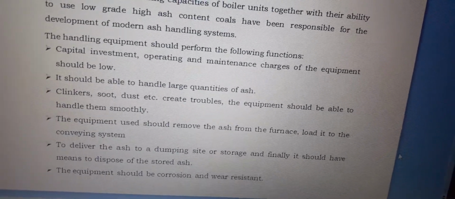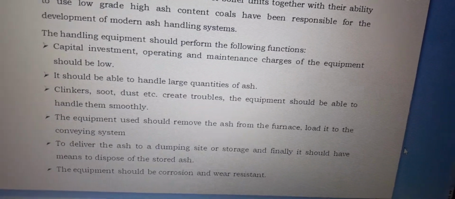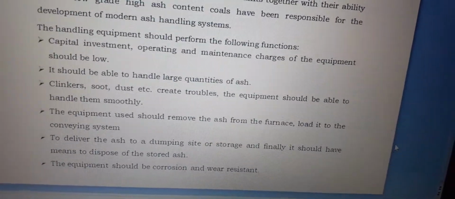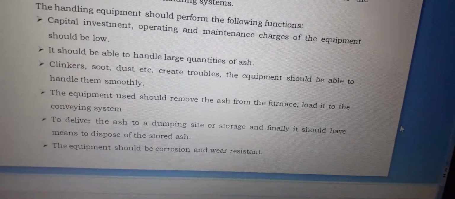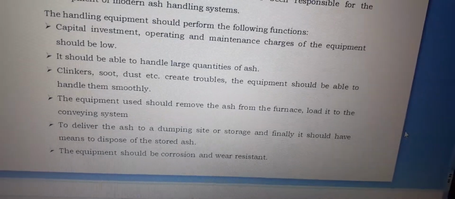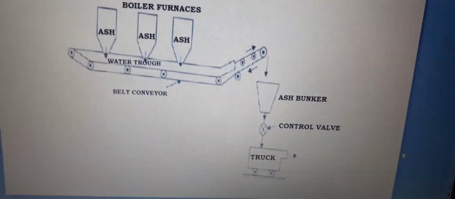Clinkers, soot, dust, etc. create troubles; the equipment should be able to handle them smoothly. It should deliver the ash to a dumping site or storage, and finally it should have means to dispose of the stored ash. Equipment should be corrosion and wear resistant.